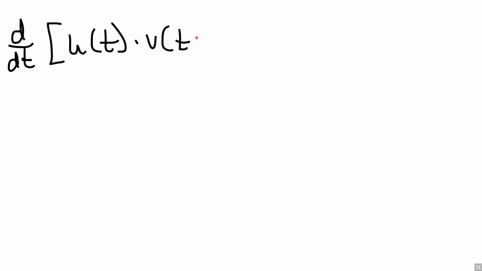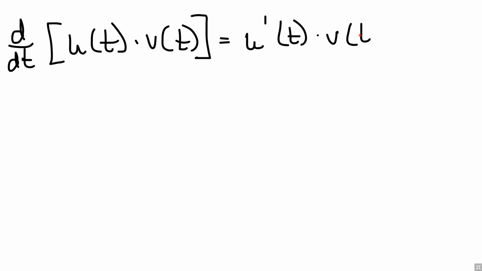So for the dot product, if I take the derivative with respect to t of u of t dotted with v of t, basically that's going to be the derivative of the first vector function dotted with the second, plus the derivative of the second dotted with the first.